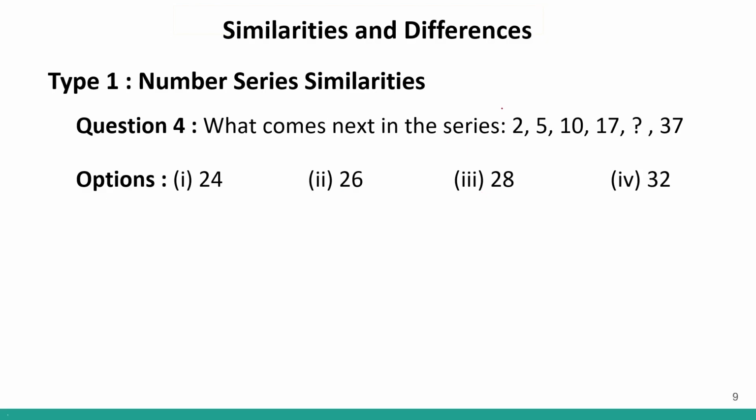Now, we have to find what comes next in this series. If I look at this series, from 2 to 5 we are adding 3. From 5 to 10 we are adding 5. From 10 to 17 we are adding 7.